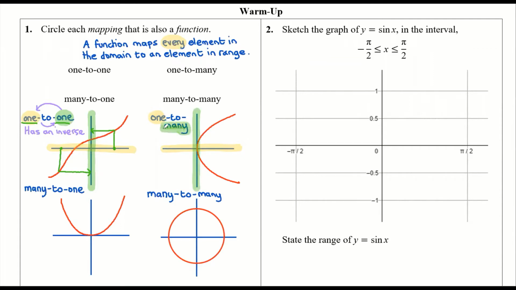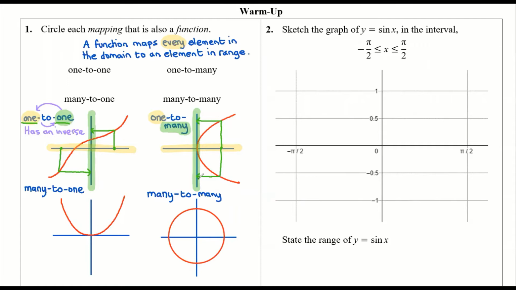If I take a unique element in the domain, this unique element can go here, but it could also map to this point down here. Now, this means that this is a one-to-many. Each unique element in the domain maps to more than one element in the range.